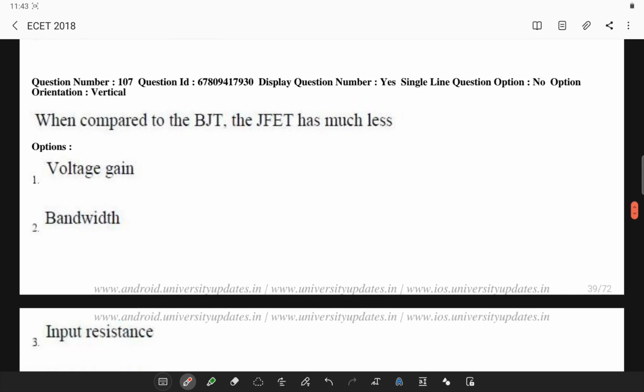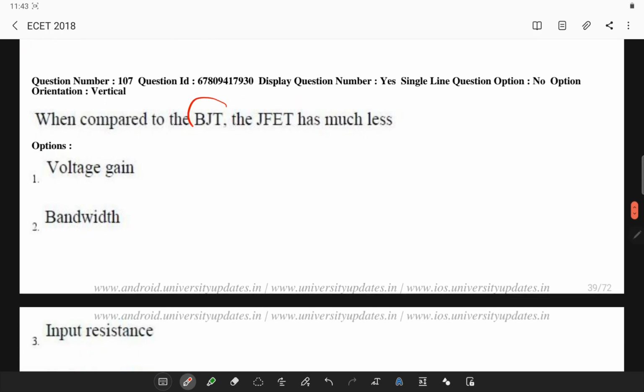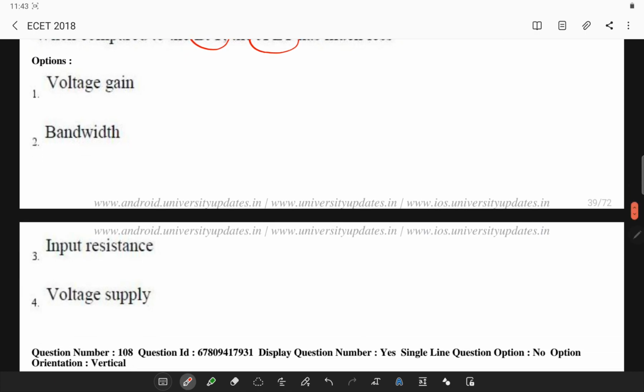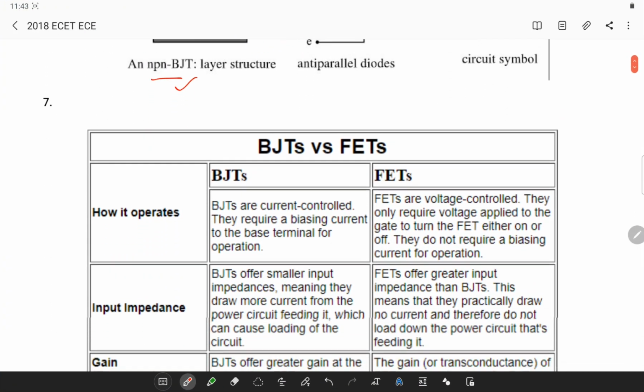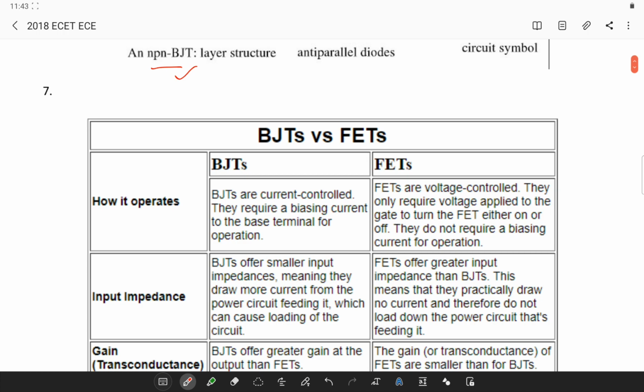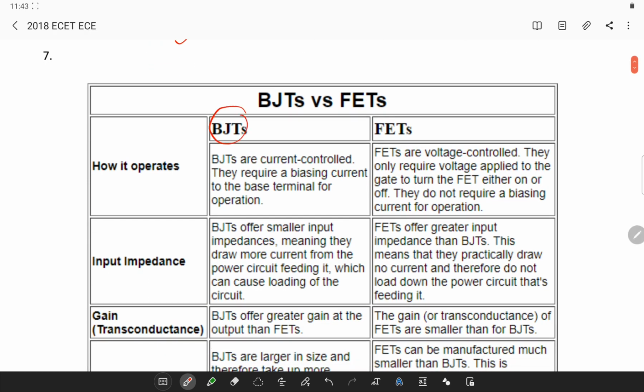Next, this is related to the comparison of BJT and JFET. The student has to remember a particular table as part of revision. Basically, BJT is current controlled, whereas FET is voltage controlled. This is one major point.